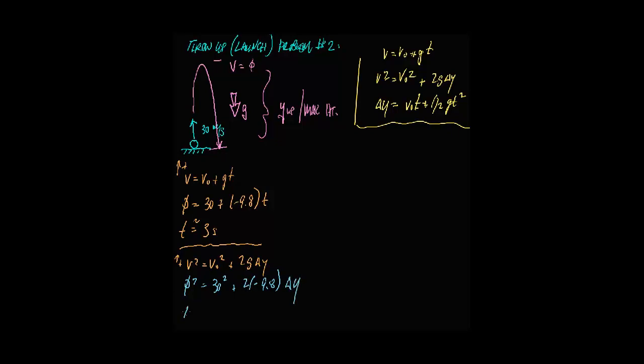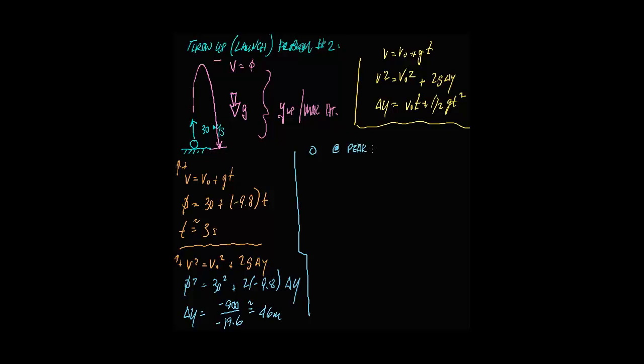What that ends up being is delta y is minus 900 after we square the 30, divided by minus 19.6, and if my calculator is right here, that would be just shy of 46 meters, so let's call it 46 meters. Okay, 45.9 actually.